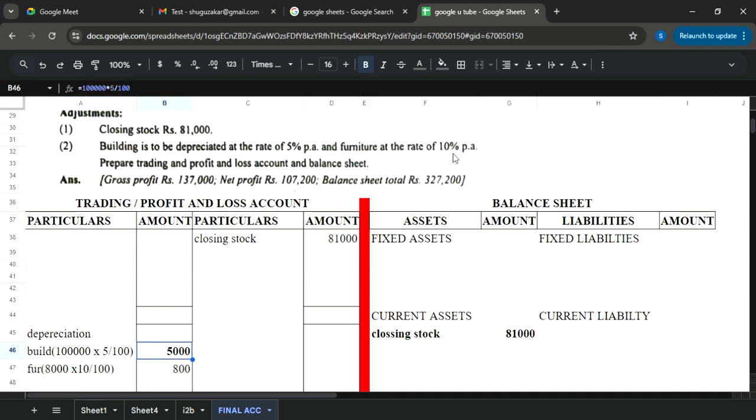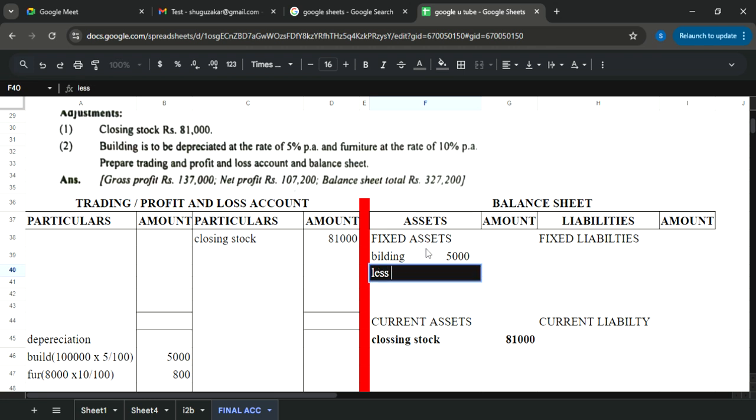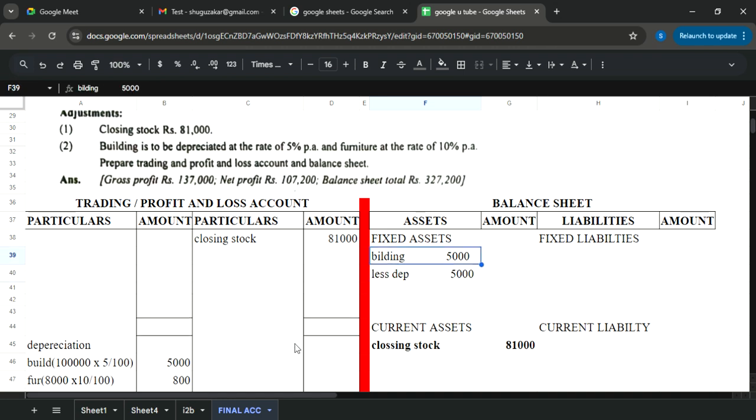Now first effect is completed. You will come over here in fixed assets. First you will write amount of building. Depreciation would be subtracted. Amount of depreciation we have calculated is 5,000. Write down over here. And original value of building was 1 lakh.